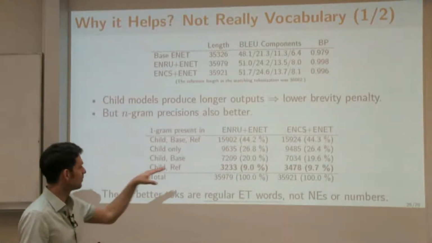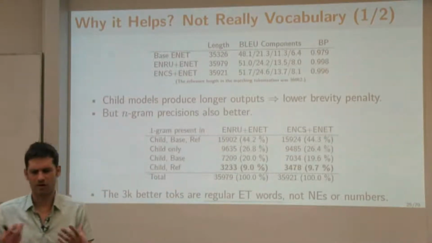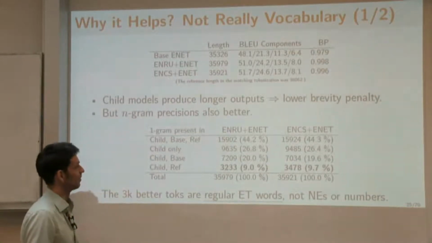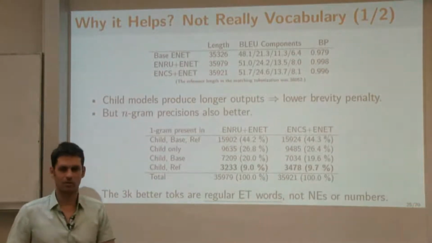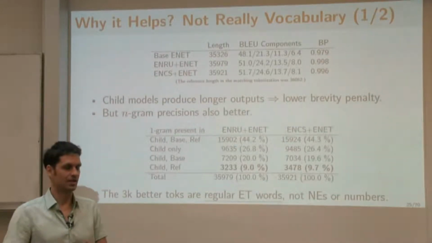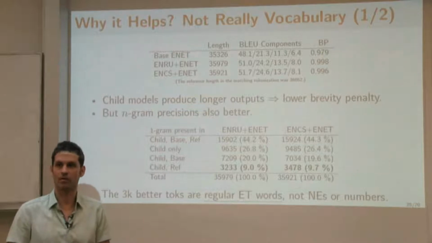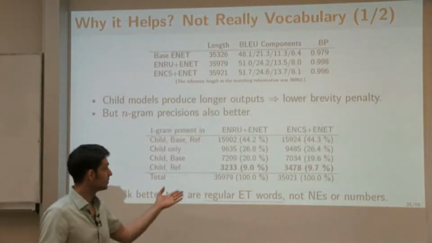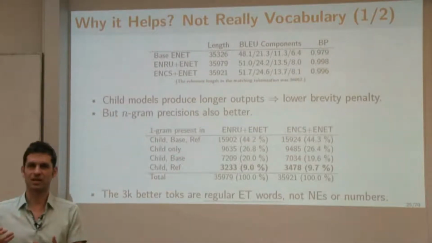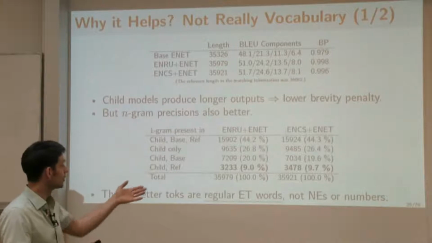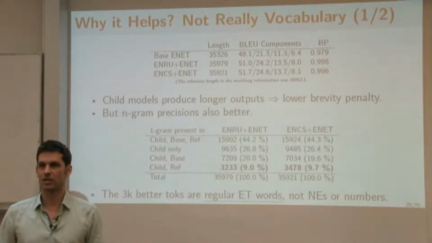And when we looked at these 10% of tokens, we were expecting to see words which would come from the parent language, so maybe some names that do not change the spelling, or some numbers that the system would really copy over from the parent. And that was not the case. So the better translated tokens, the better produced words, were regular Estonian words, no named entities.